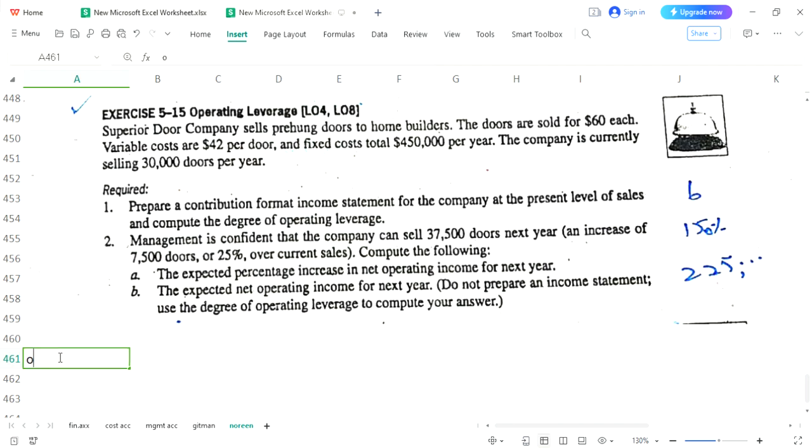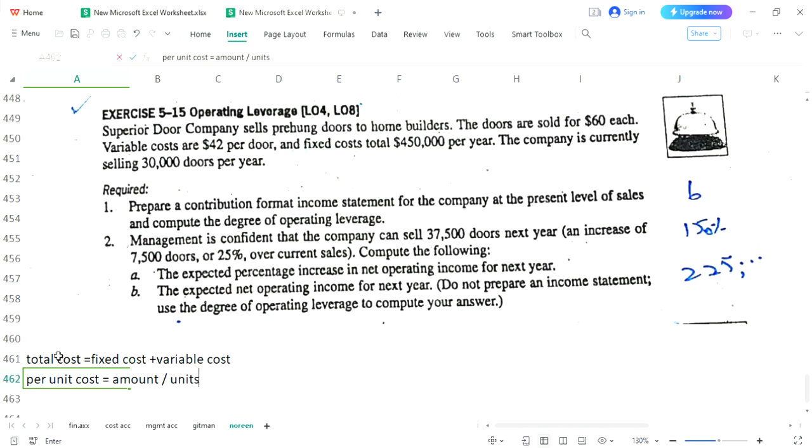As we have discussed, our total cost will always have two major portions, fixed cost and variable cost. Then you have an idea how to calculate per unit cost. For that, there are two ways. You get the amount and divide by units, and you will get per unit cost.